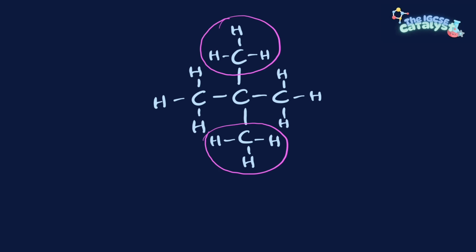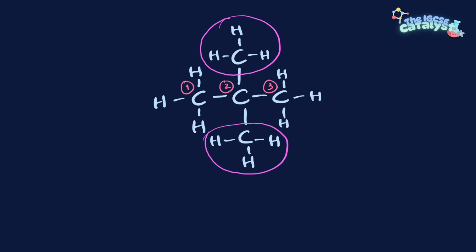Next, we will look for any substituents or side branches. And here we have 2 methyl groups attached to this carbon atom. And then we will number the longest straight chain of carbons so that these methyl groups get the lowest number possible. We will number it from left to right like this, and the methyl groups are attached on carbon number 2.